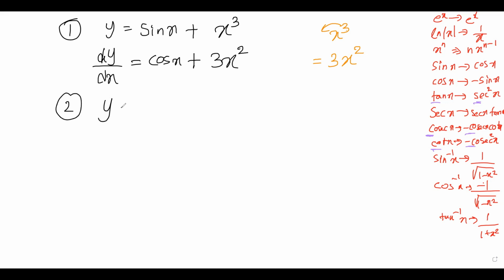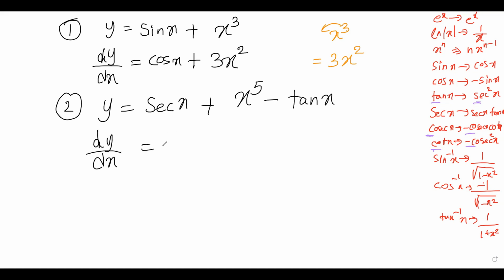So if I take y equal, tell me some value, sec x to the power 5 minus tan x. How to do this one? dy by dx equals, tell me, sec x.